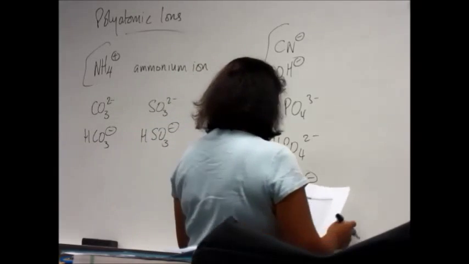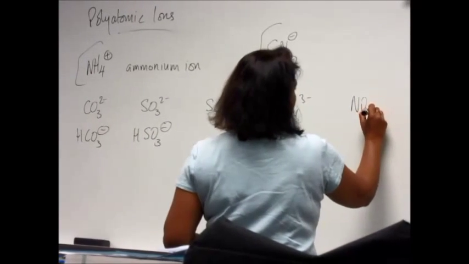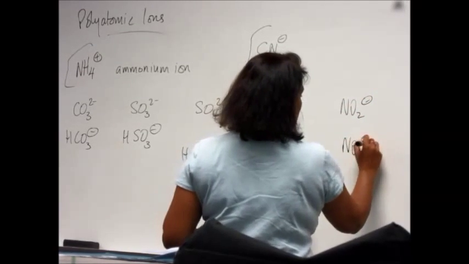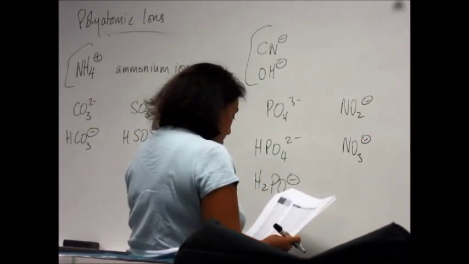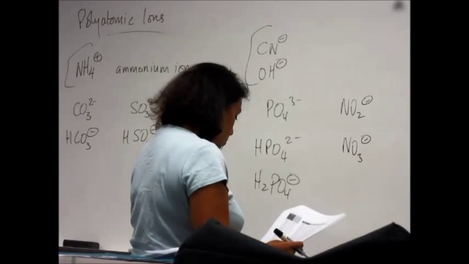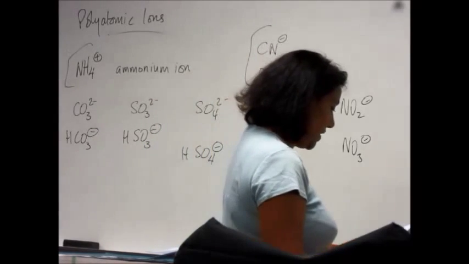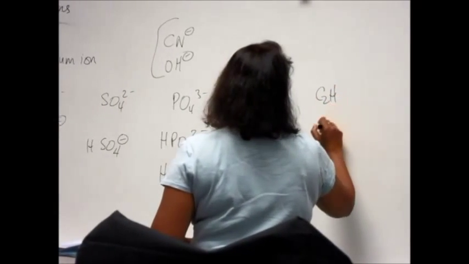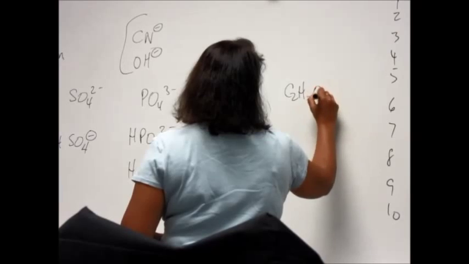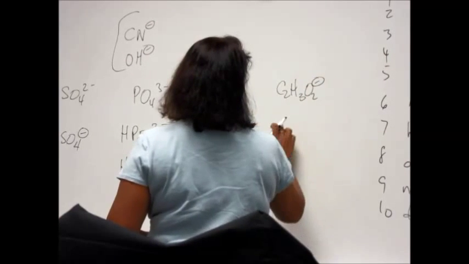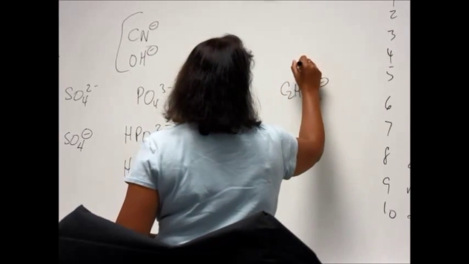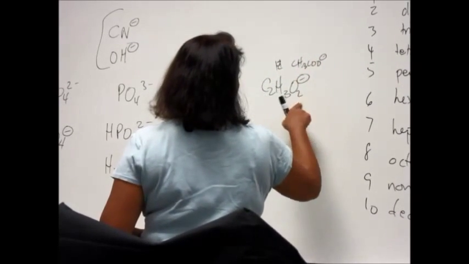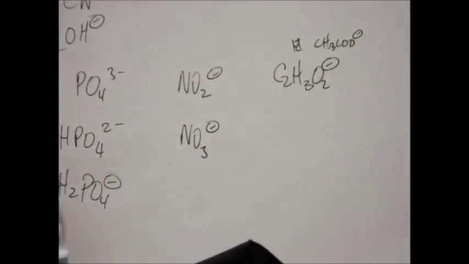And then you will also have the nitrite, NO2-, nitrate, NO3-. Then you will need to know acetate, which is C2H3O2-. Yeah, that's what it is.